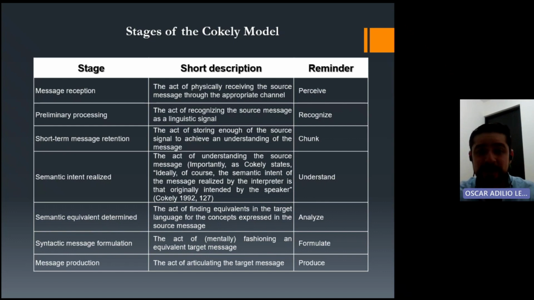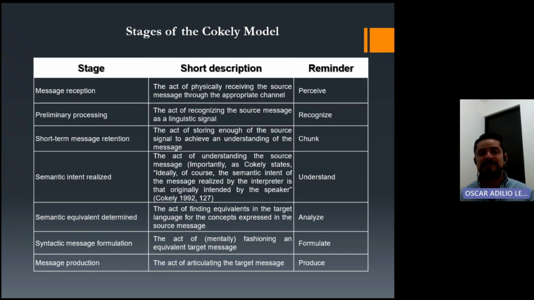So that is something that we as interpreters need to identify. Our brain has to identify the semantic intent of the speaker, right? Ideally, we are able to capture the original intent of the speaker. And then once we go through that, we go into the semantic equivalent determined. This is when we start making the translation process.